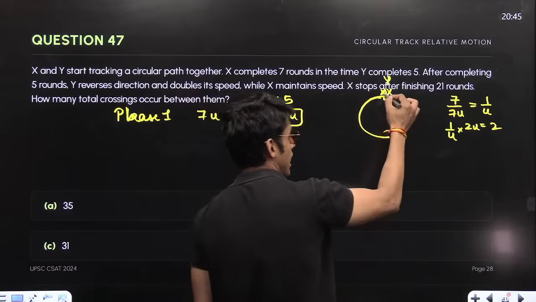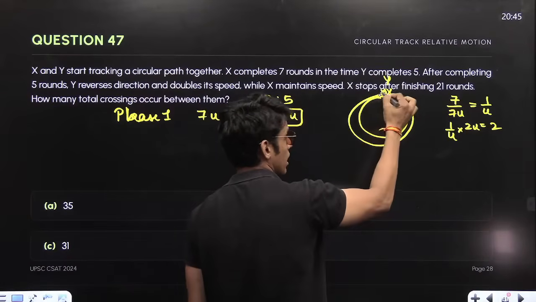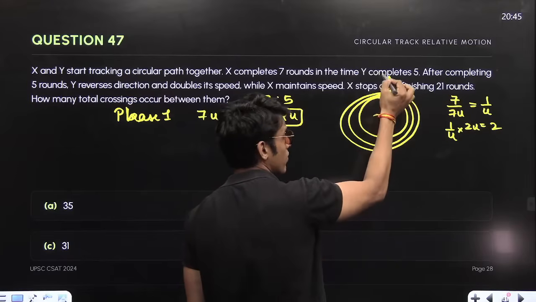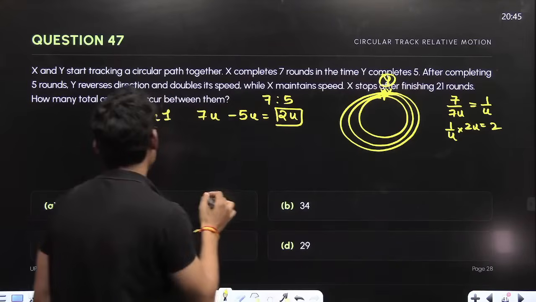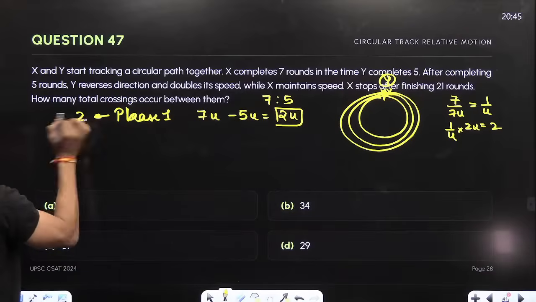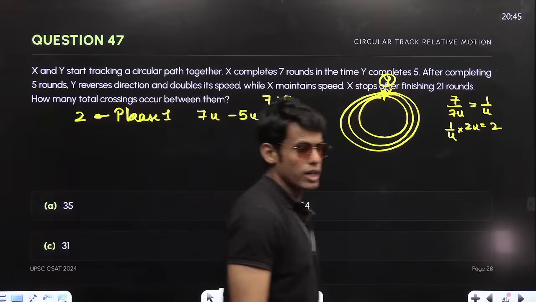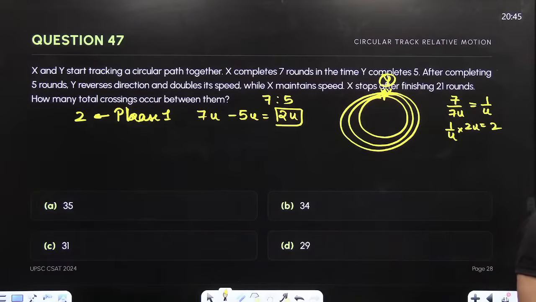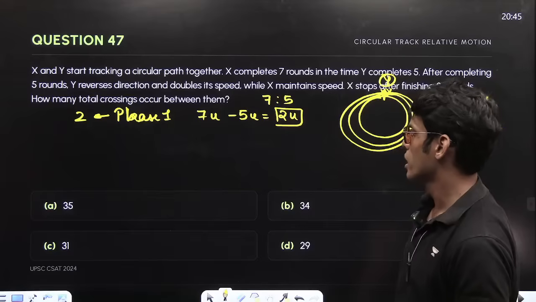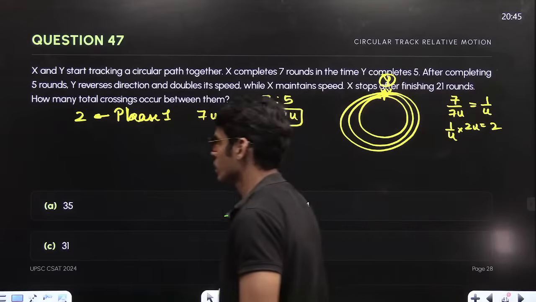X comes here and then again comes here, so he will meet Y twice. So in this first phase, they will meet 2 times.